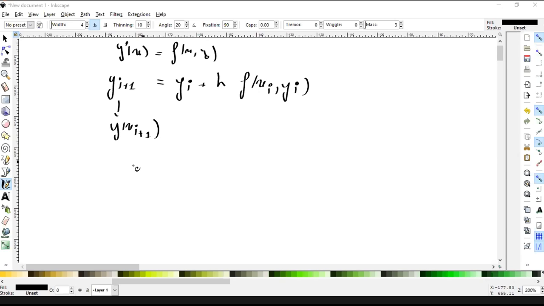Now for the higher order methods, if we want to generalize this, the higher order methods can also be derived from, for example, a higher order Taylor expansion.